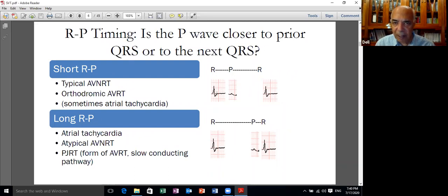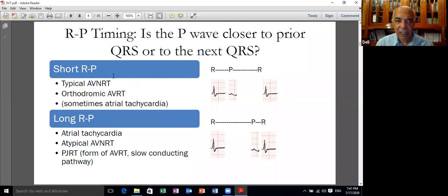So, for example, this is the R wave, and this P wave falls to the left of the middle line, so this is a short RP tachycardia. On the other hand, this P wave falls to the right of the middle line, so it's called a long RP tachycardia. And this is the only classification available for supraventricular tachycardia.